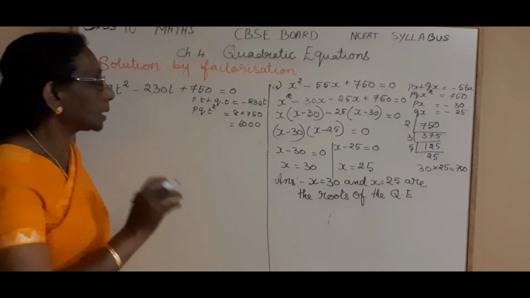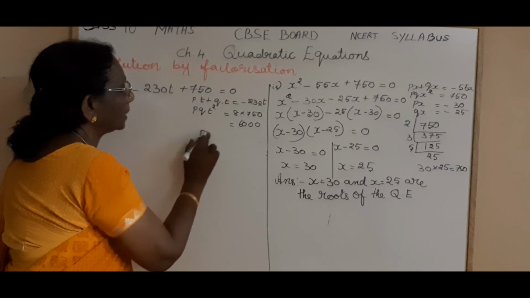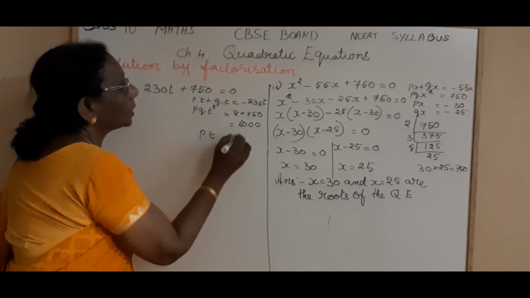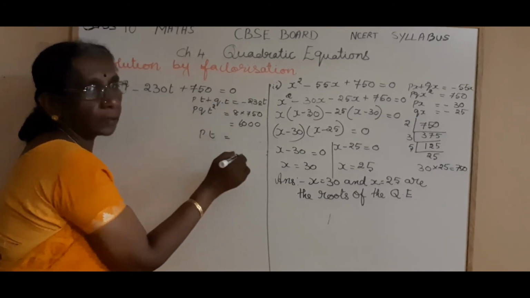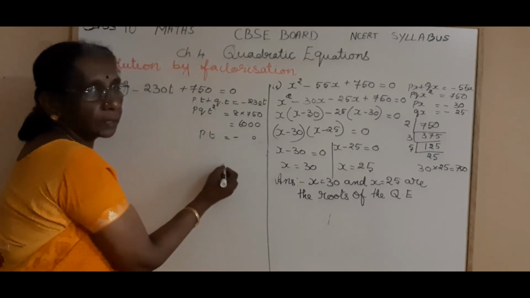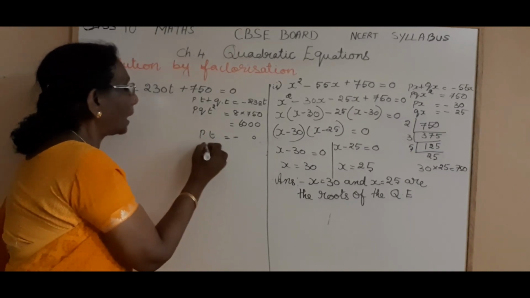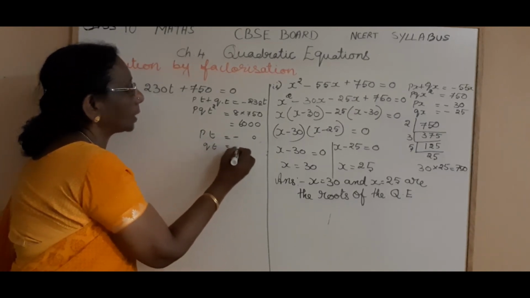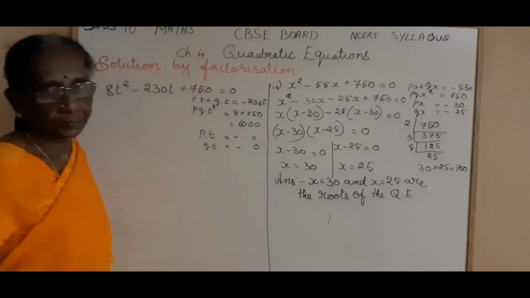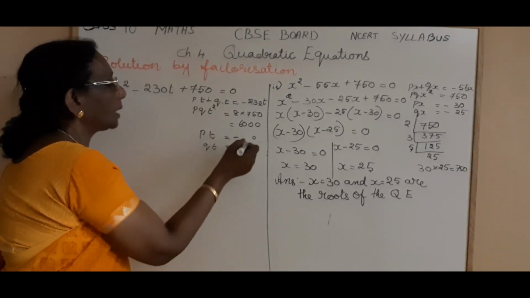So let us take that Pt, both it is positive, so both should have the same sign, minus. It ends with the number 0. That means it is a multiple of 10. Let us take that, and Qt is also a multiple of 10. So when you take multiple of 10, that means what?